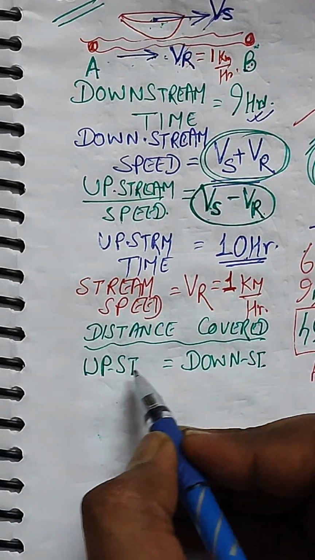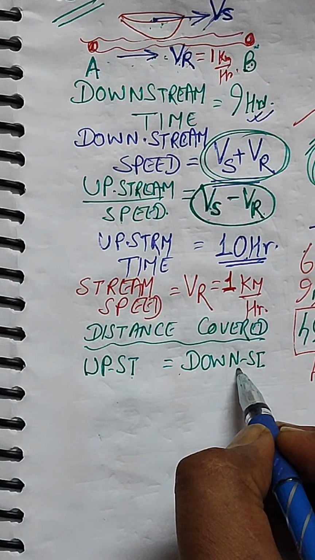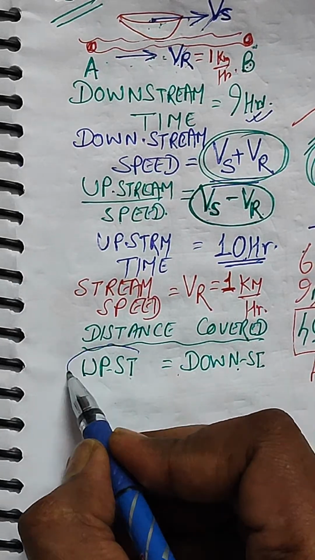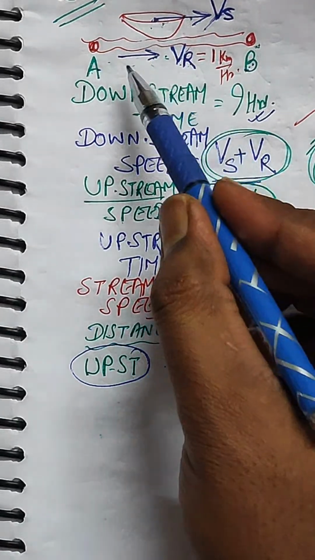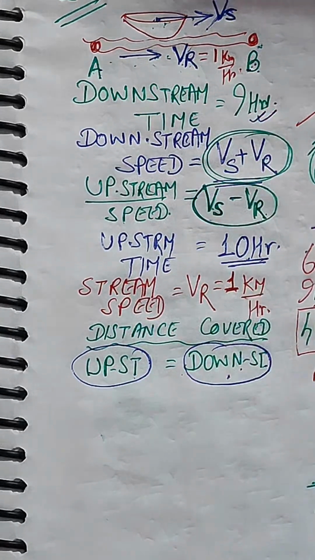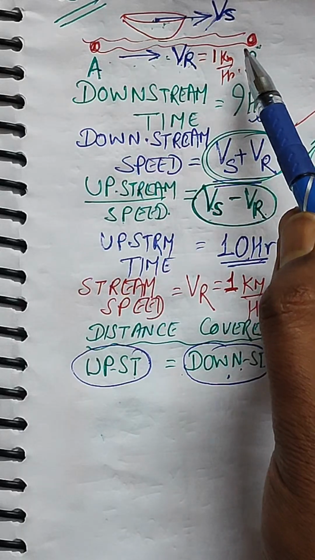So the distance covered upstream should be equal to the distance covered downstream, right? Because the distance between port A and port B is always the same, whether you are going upstream or downstream.